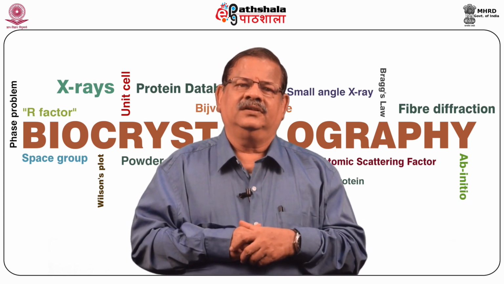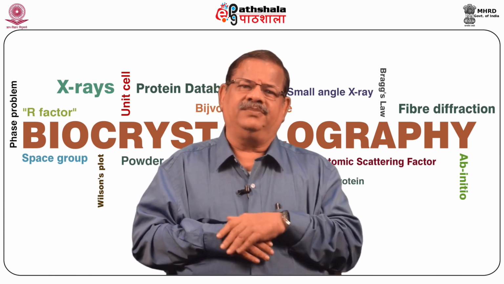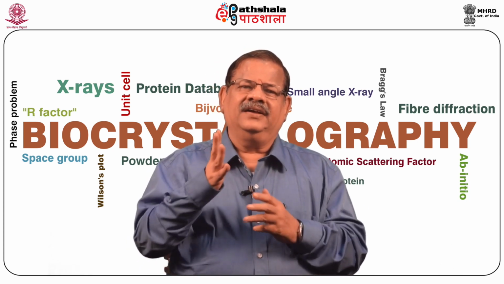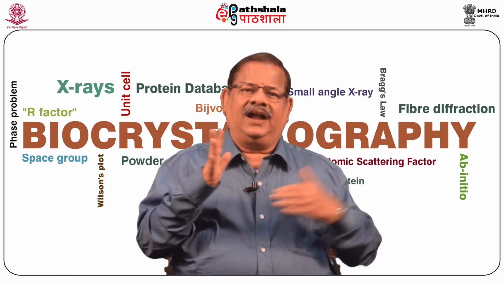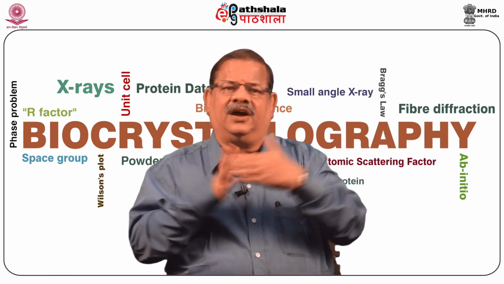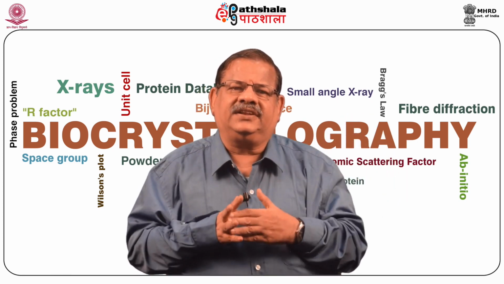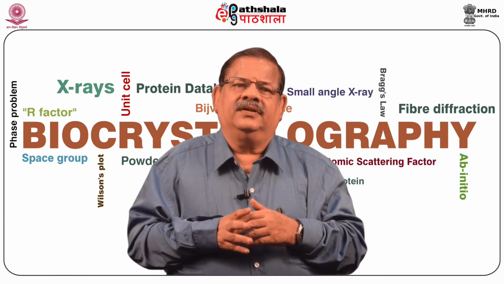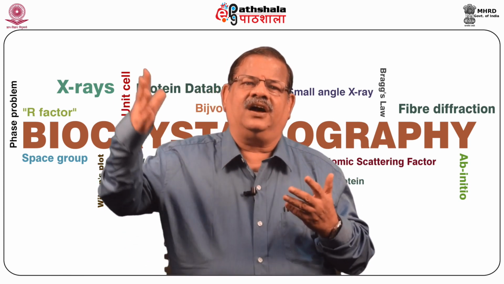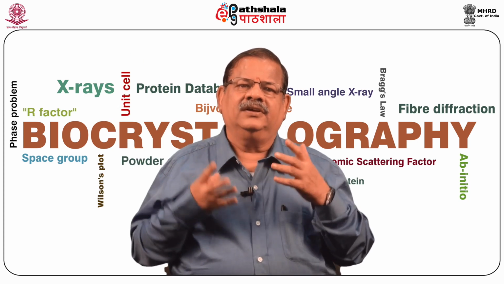In a crystal, the various planes behave as a diffraction grating, and when a beam of X-rays is incident upon a set of these, the X-rays are scattered according to the conditions of Bragg's law.